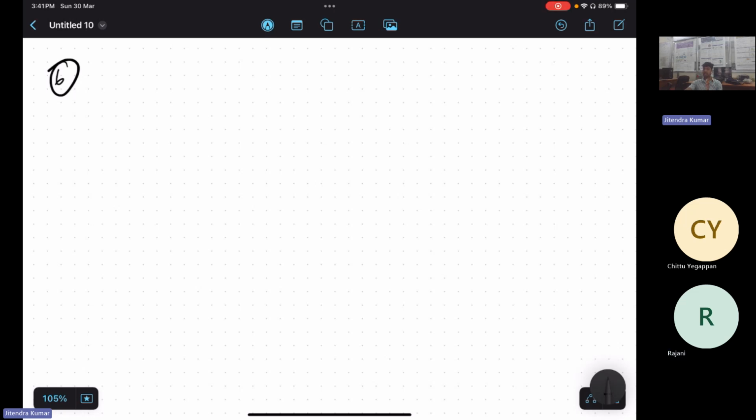First we need to find out the position of alignment and position of unalignment, right? So what should be the position of unalignment? Half of 2 pi by 4.